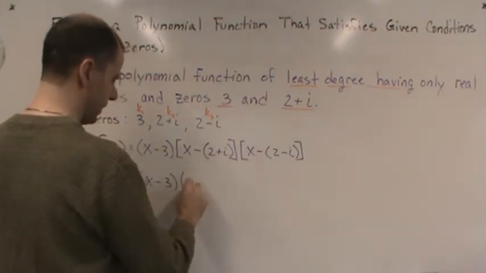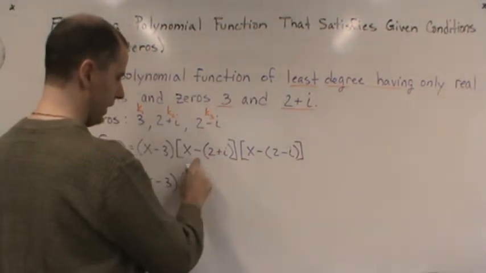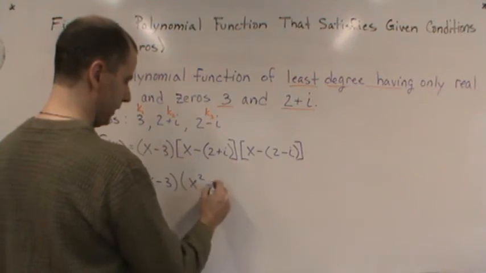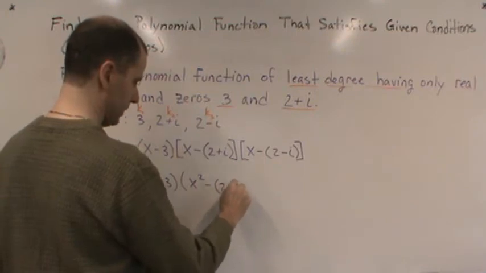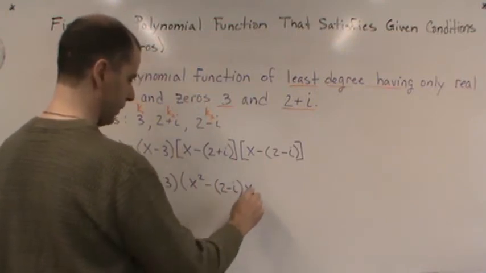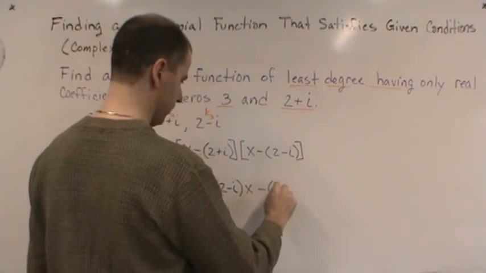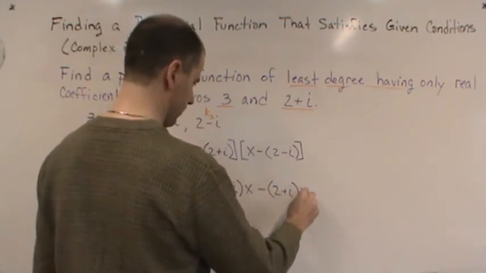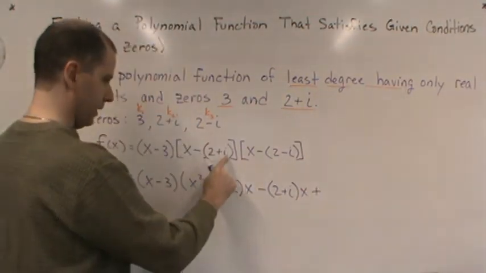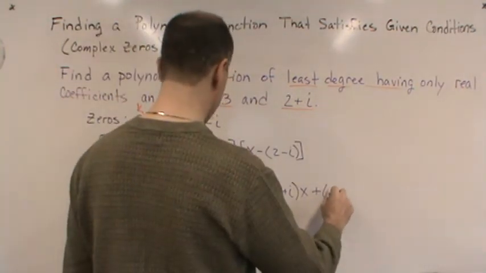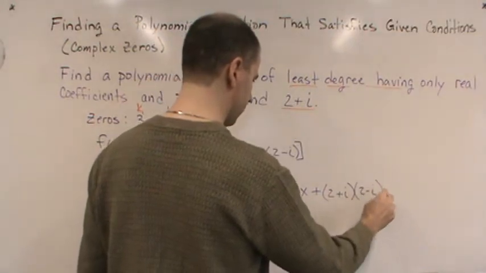We get x times x, which is x squared. We get minus 2 minus i times x, and then we get another one, minus 2 plus i times x, and then we get plus 2 plus i times 2 minus i.